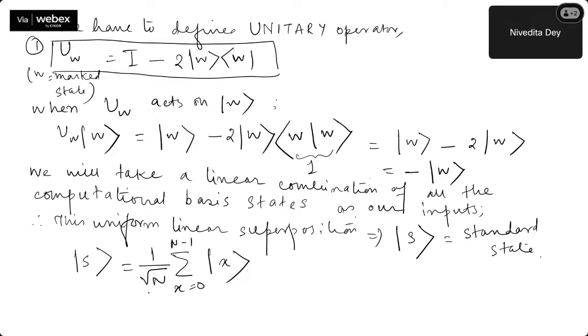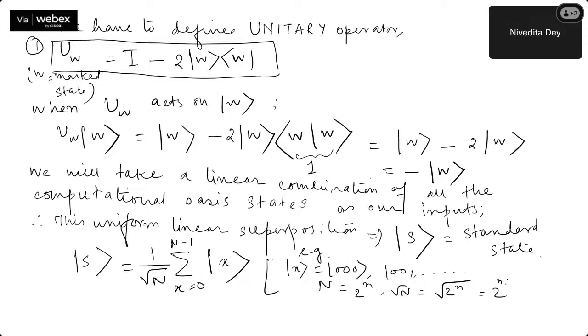For those who have any doubt, this x is nothing but like this. As an example, I'm just writing, say 0, 0, 0. And likewise, it can be 0, 0, 1. For 3 qubits, I'm just writing an example. And n is nothing but 2 to the power n. So √n is nothing but √(2 to the power n), which is 2 to the power n by 2. Now I hope you can relate with the previous expressions while I was writing them. These are the same thing.